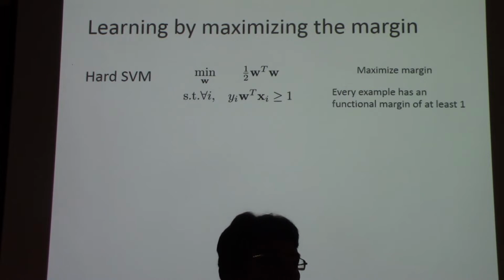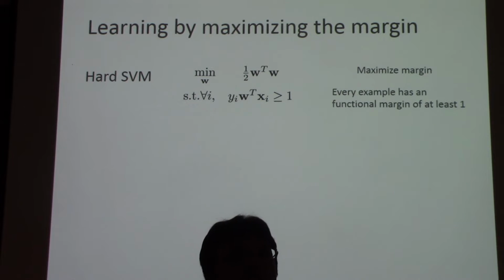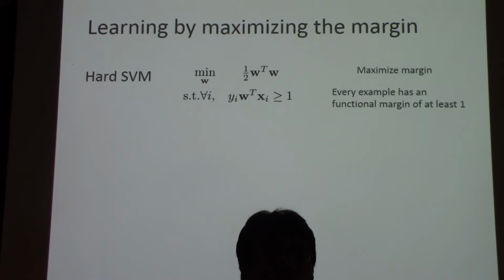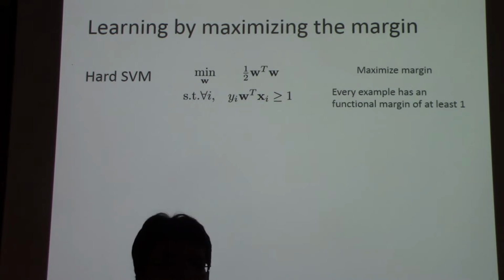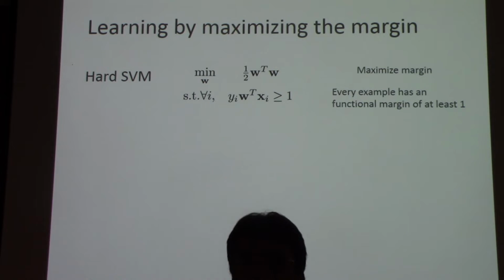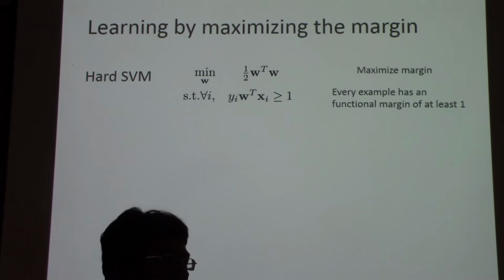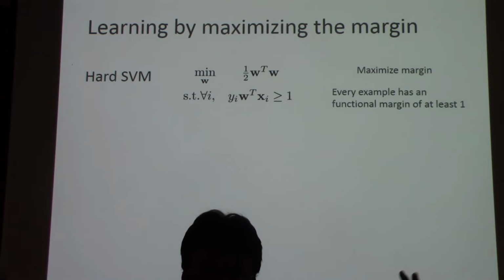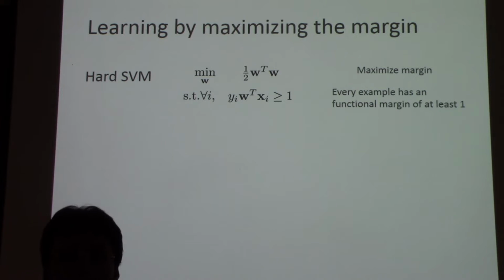Find X such that X square is as low as possible. Find X comma Y such that X square plus Y square is as low as possible. W is just a big list of such numbers. W transpose W is simply W1 square plus W2 square plus and so on. So what is the minimum of W transpose W in the unconstrained setting? 0. If you don't have any training set, what you're saying is push the weights as close as possible to the origin.